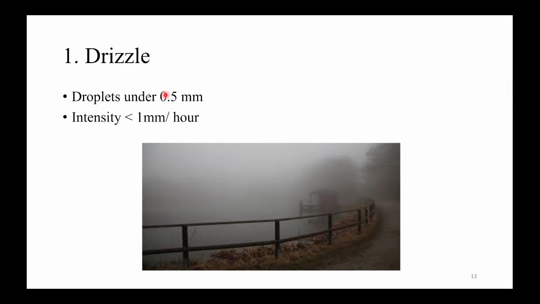Now, drizzle is a very light rain. In easy words, drizzle has droplets much smaller than 0.5 mm, and it is a light rain. Its intensity is also less, less than 1 mm per hour. Now, what is this 1 mm?